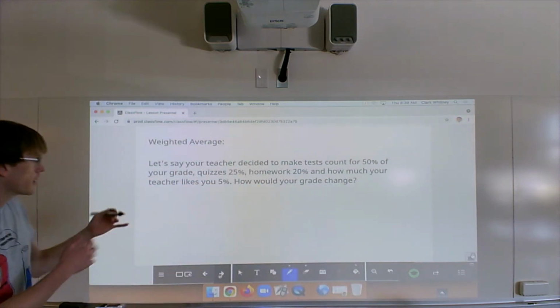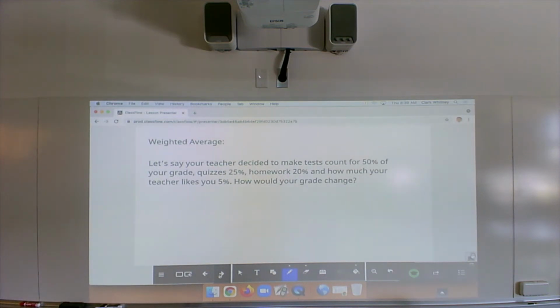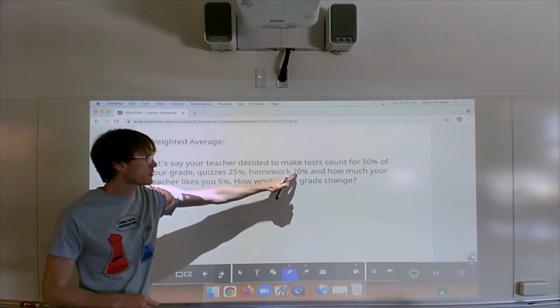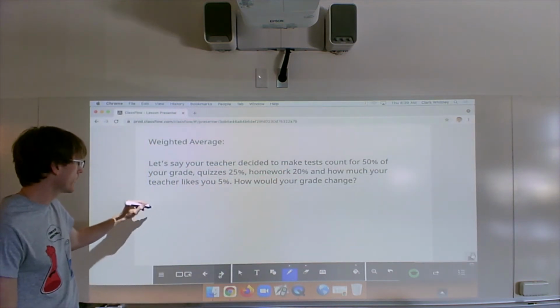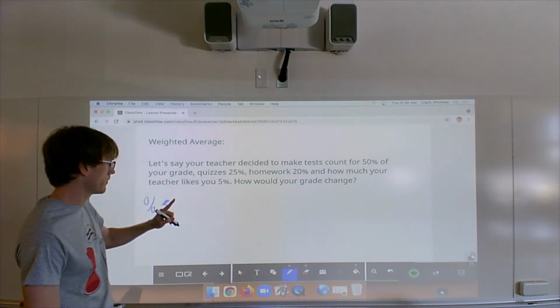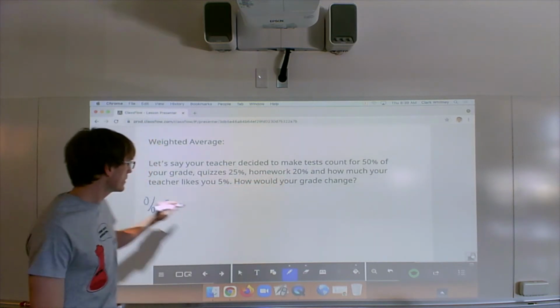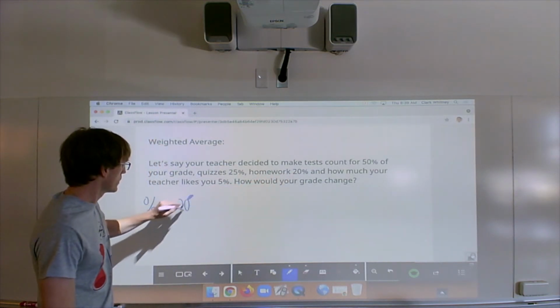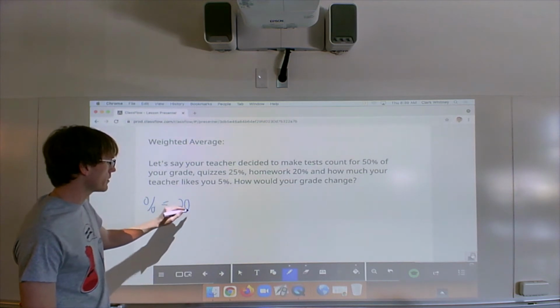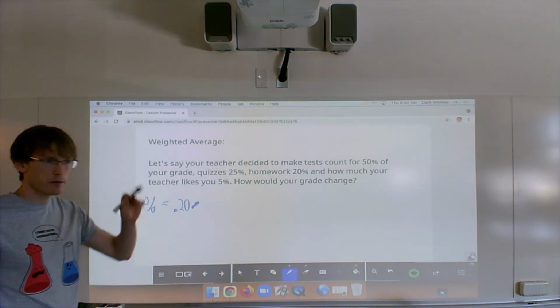So let's modify this. Let's say we had a 100% average for your homework, and your homework is worth only 20% of your grade. So your overall percent is equal to 20%, which is 0.20, times your homework grade, which I had said was a perfect score.